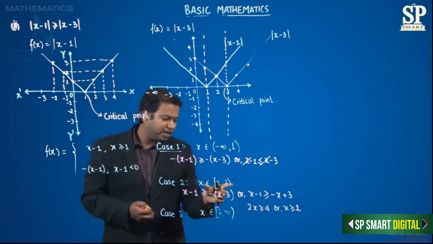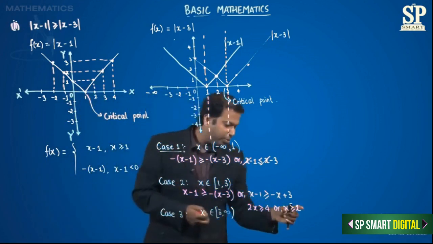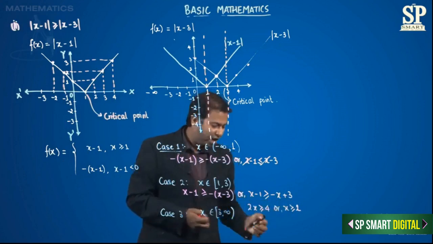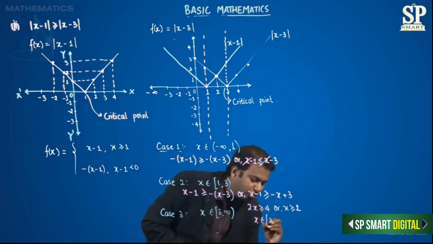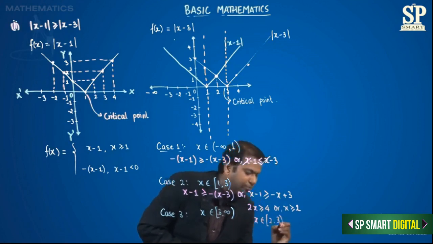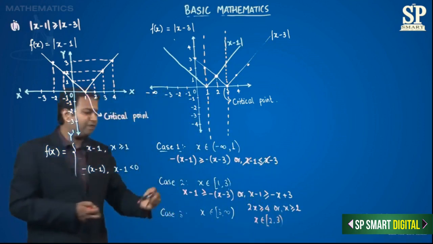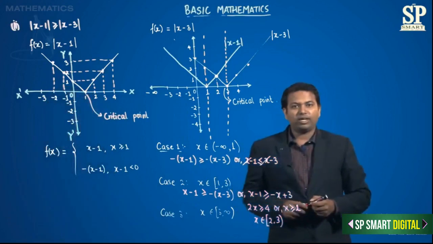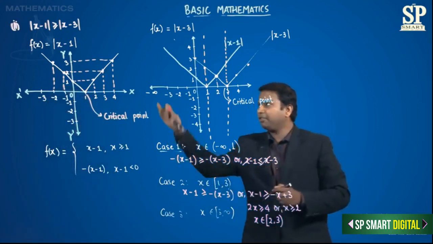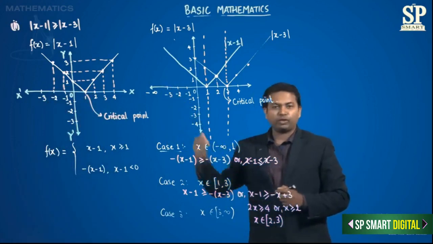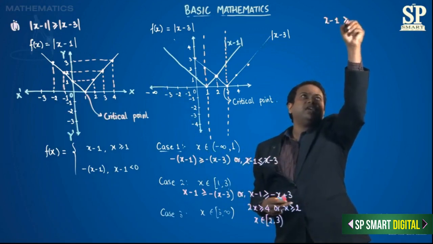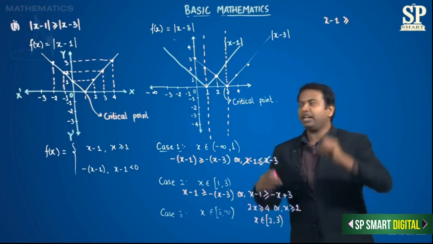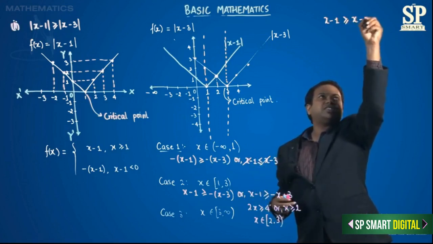Now x in between 1 and 3 should be greater than equal to 2, and hence we can write x should belong to closed 2, open 3. So this is what we have from case 2. So now in the third case, modulus x minus 1 simply becomes x minus 1, and then we have a greater than equal to sign, and then we have x minus 3.